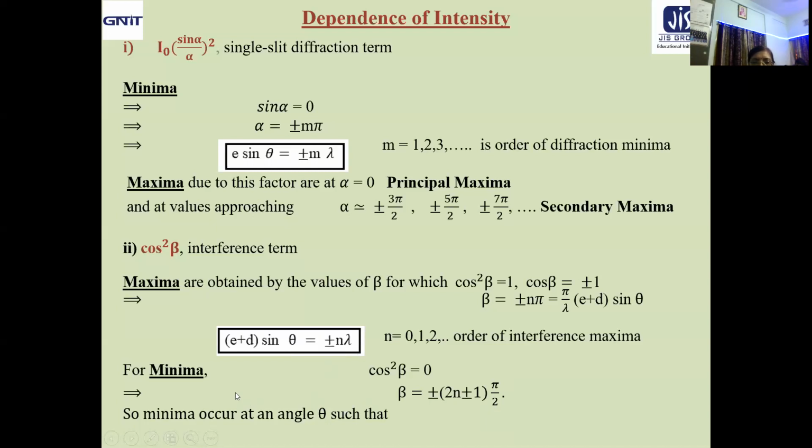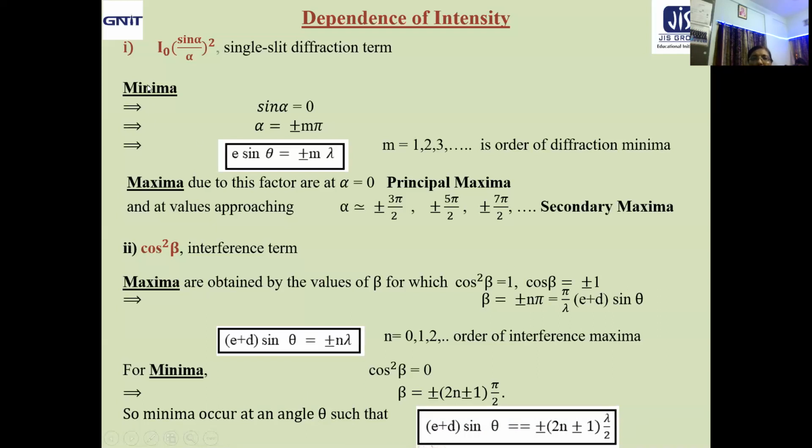So, minima occur at an angle theta such that e plus d sine theta equal to plus minus 2n plus minus 1 lambda by 2, by putting beta equal to pi by lambda into e plus d sine theta. Along with this, you get the condition in terms of path difference for interference minima.